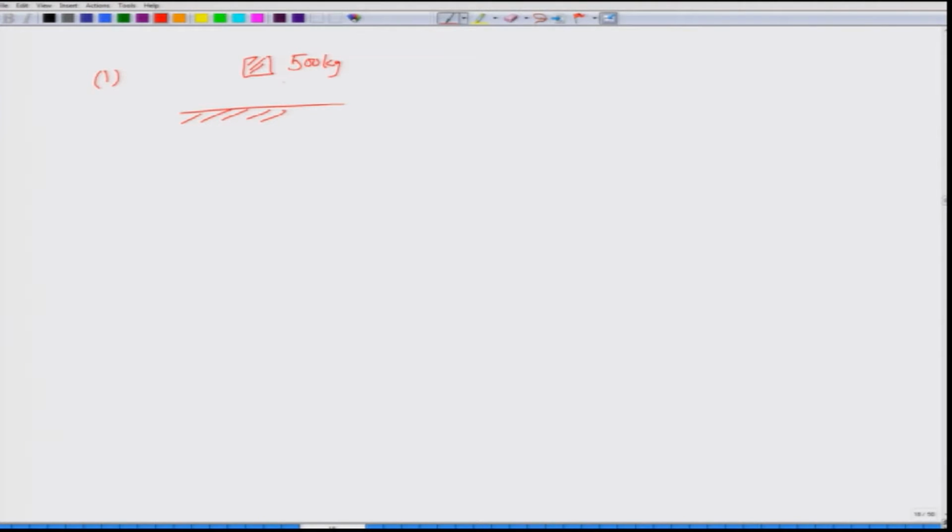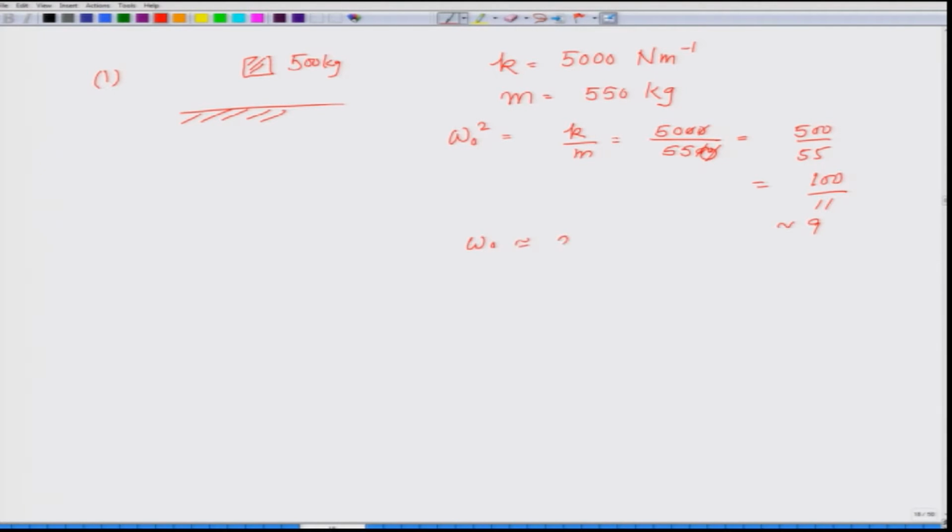So, first case, this platform is anyway critically damped and we are dropping this 500 kg weight load on this. What are we given? We are given K equals 5000 newtons meter inverse. The mass after the weight drops is going to be 550 kg, and therefore, omega 0 square will be equal to K over m, which is 5000 over 550, which is going to be 500 by 55 or 100 by 11, roughly 9. So, omega 0 is 3 radians per second.